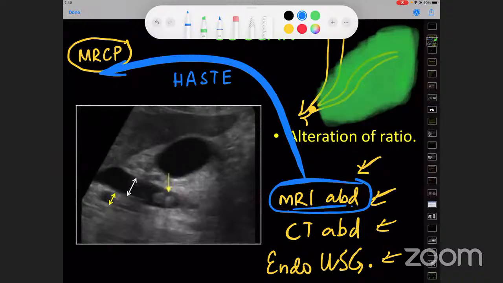So we call it the MRCP sequence, but in an MRI, to visualize the biliary tree, we do many more sequences. We are not only doing this HASTE sequence. We do the axial T1, T2, and all the standard sequences we follow. So if we call it MRI abdomen in combination with that HASTE sequence, I'm okay with it.